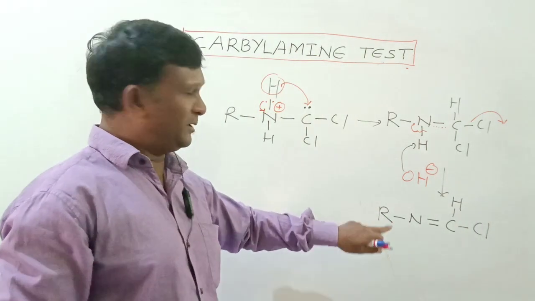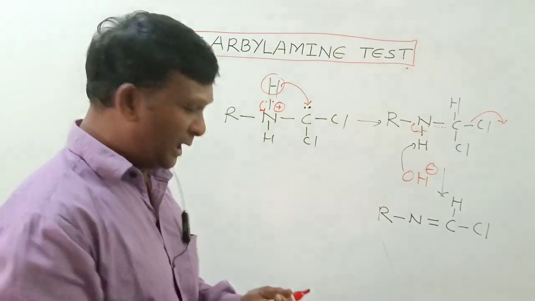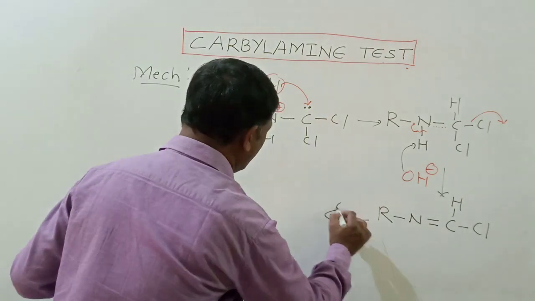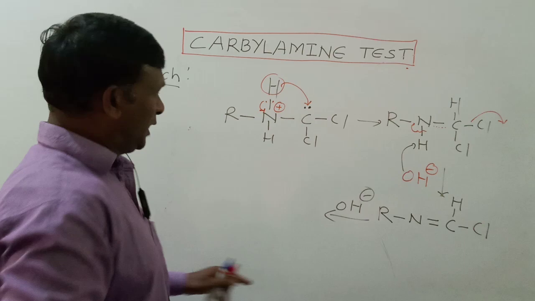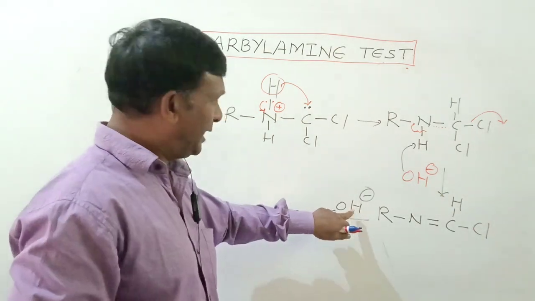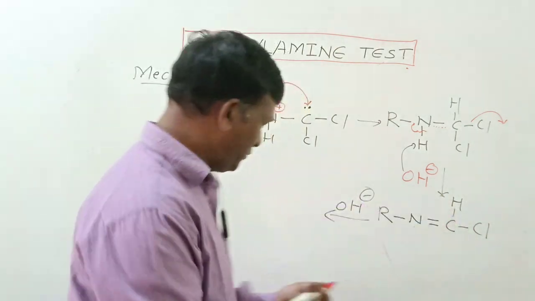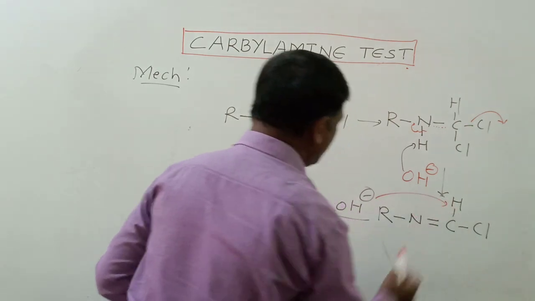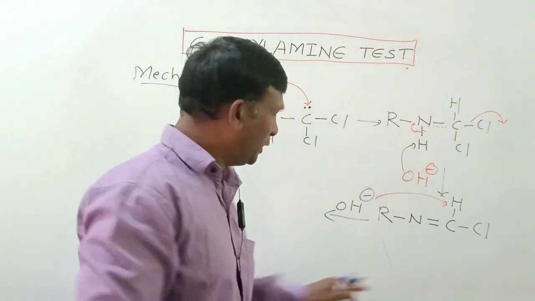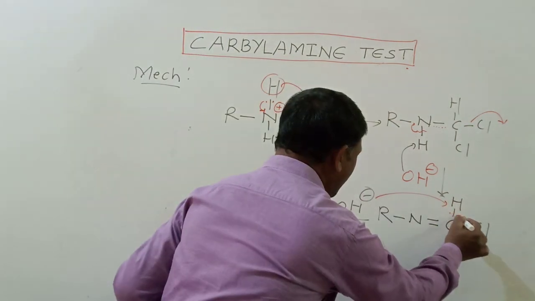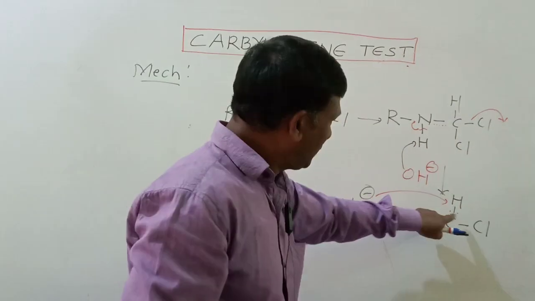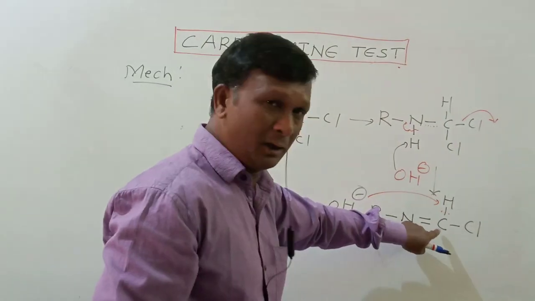Now this species is also under the influence of the hydroxide ion. So now this hydroxide ion will take up this hydrogen. So the hydrogen leaves this molecule by giving this electron pair to the carbon.